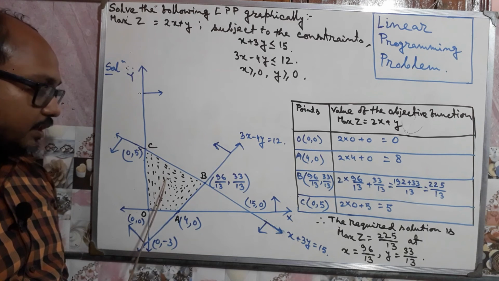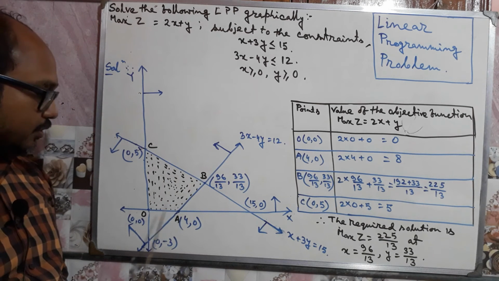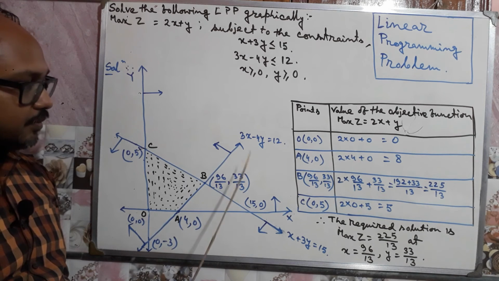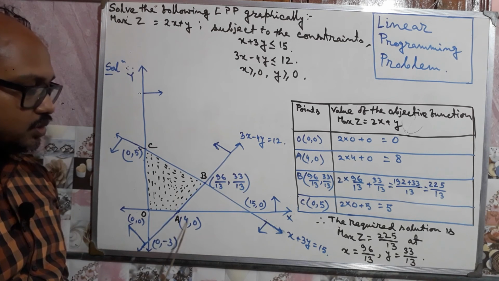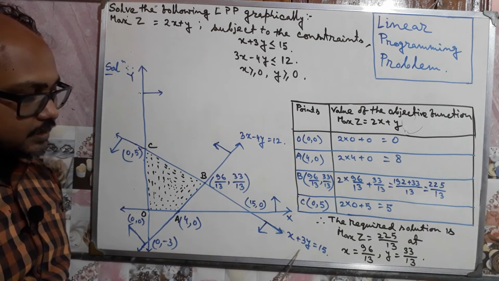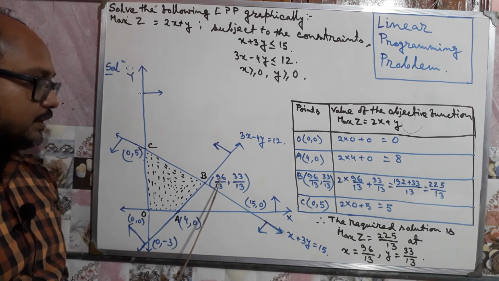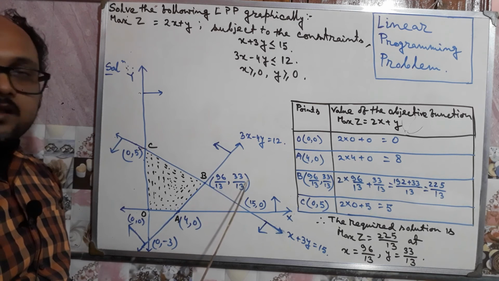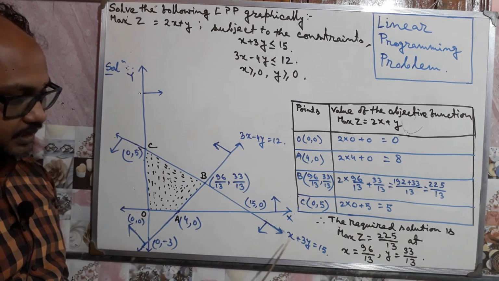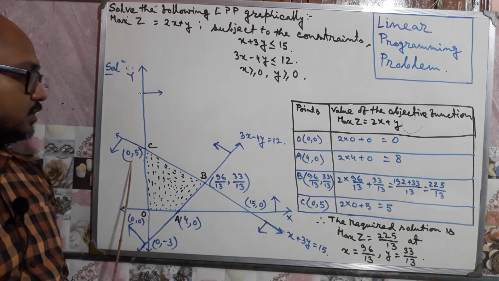This dotted portion, O, A, B, C, is the solution region, where O is 0, 0; A, the point of intersection of this line with the x axis, is 4, 0; B is the point of intersection of these two lines. By solving these two lines, you will get the coordinates of this point B, that is 96 by 13, 33 by 13; and the coordinates of C, the point of intersection of the line x plus 3y equal to 15 with the y axis, is 0, 5.